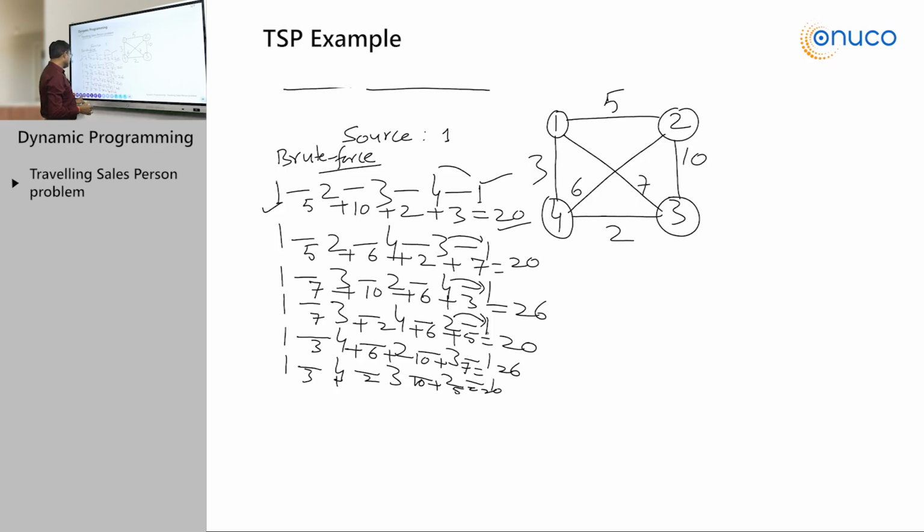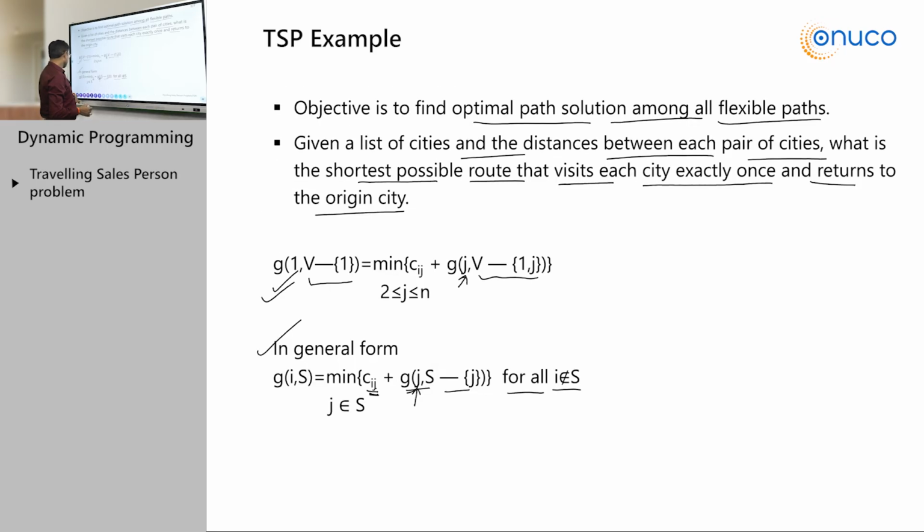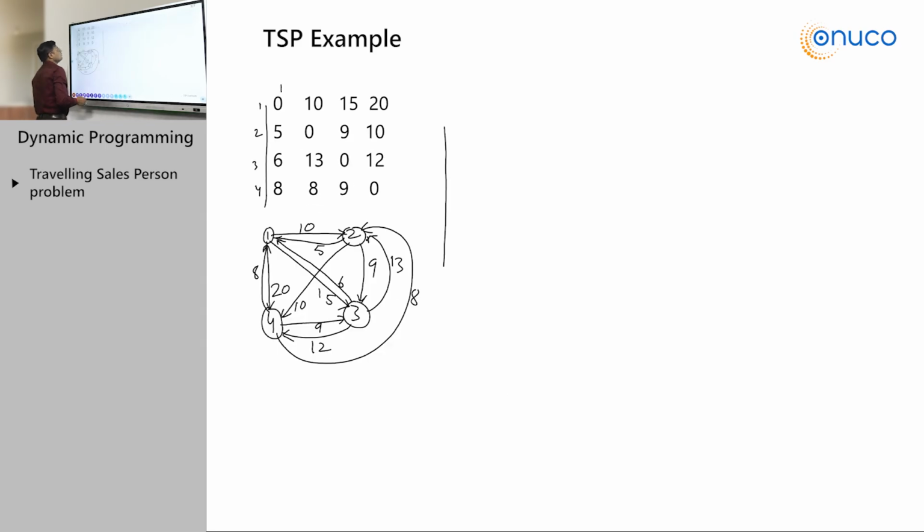So first you are going to find those values. How will it go? First you are going to write from here: 2 to 1 is 5, 3 to 1 is 6, 4 to 1 is 8.